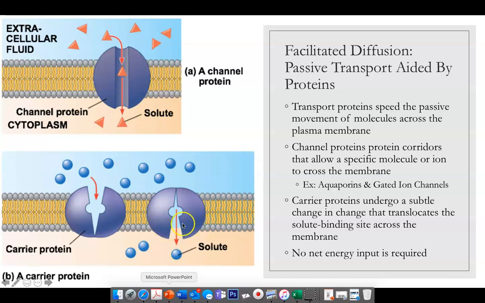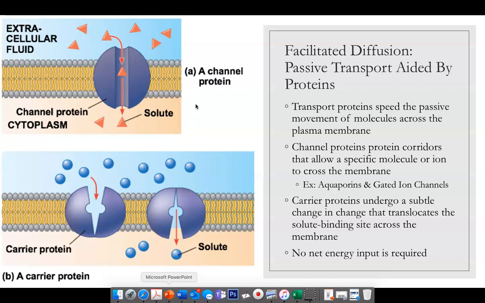What makes these proteins you see here a part of the facilitated diffusion passive transport method is that they are moving particles from high concentration to low concentration and doing so without the input of energy. If these proteins were moving particles from low to high using energy, it would be a part of an active transport system. So just because a protein is involved does not mean that it is active transport.